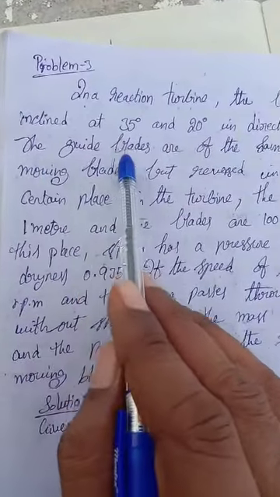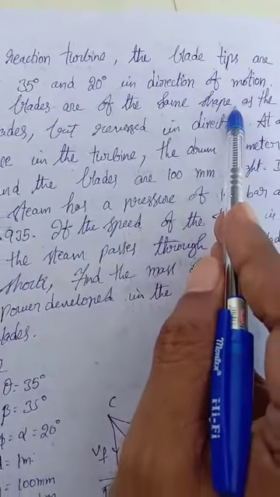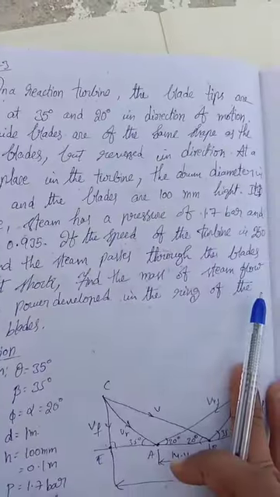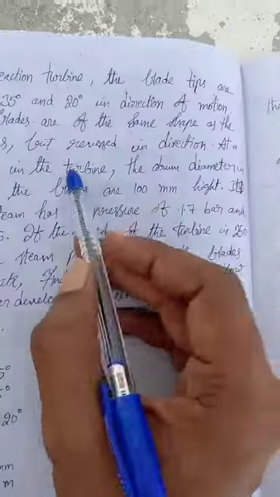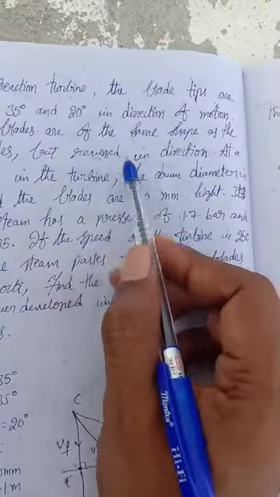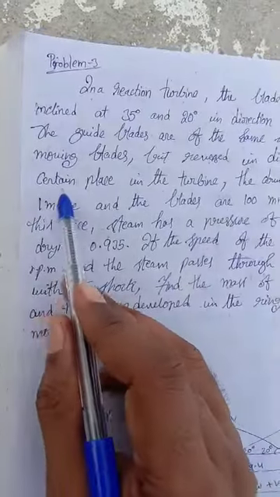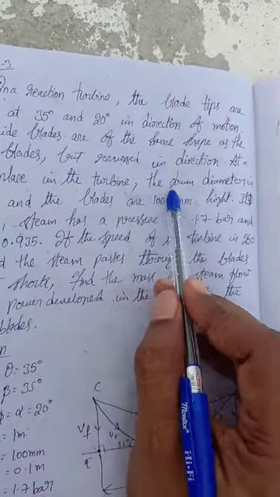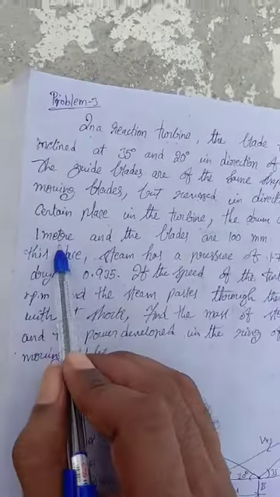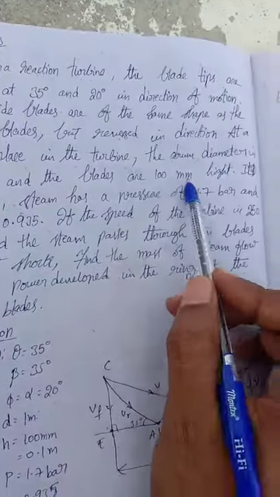The guide blades are of the same shape as the moving blades but reversed in direction. At a certain place in the turbine, the drum diameter is 1 meter and the blades are 100 mm in height.